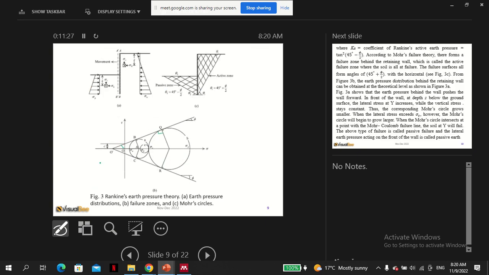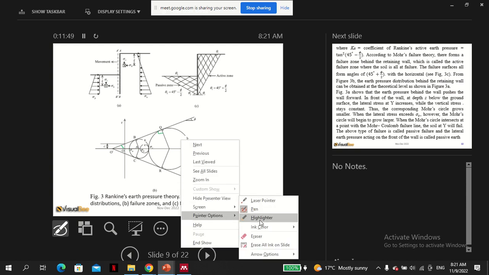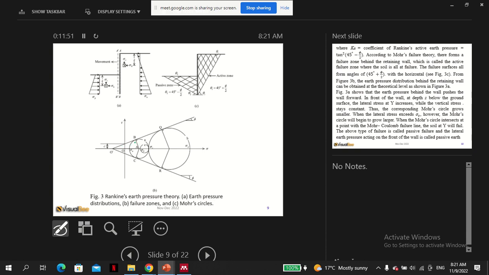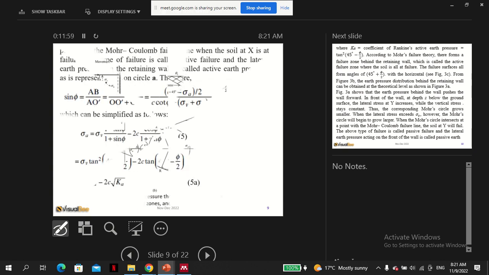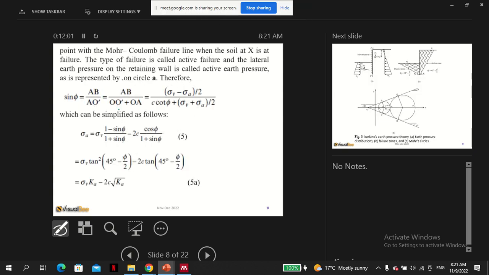Where is AB? No, they're using the small circle, so AB over AO, you can see that's okay. If this is 90, then sine is AB over AO, okay, what we're trying to do here.